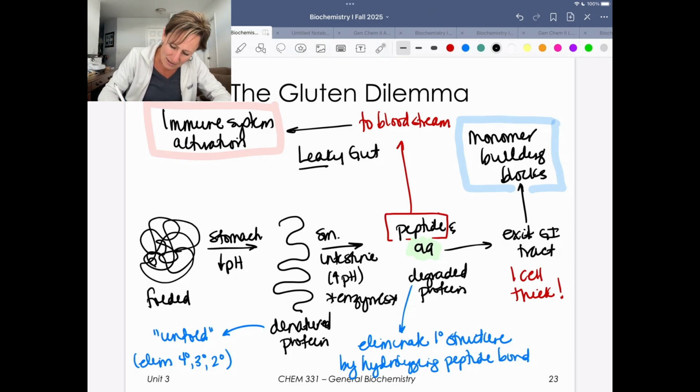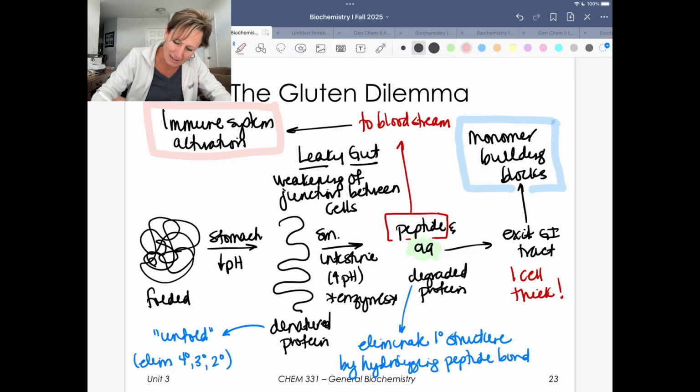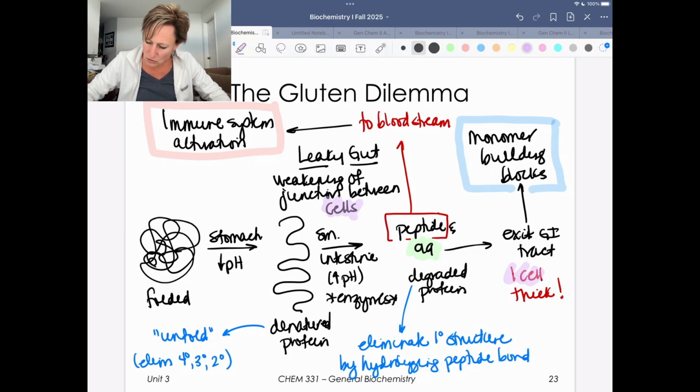So leaky gut really is the weakening of the junction between your cells. And I'm going to highlight that these are the one cell thick cells that comprise your small intestine.